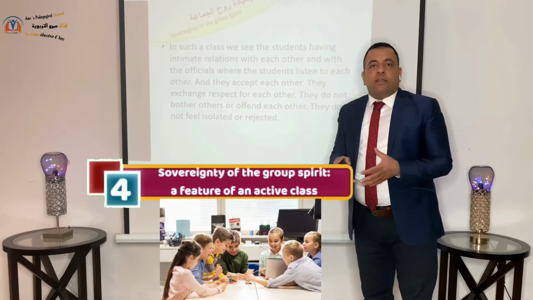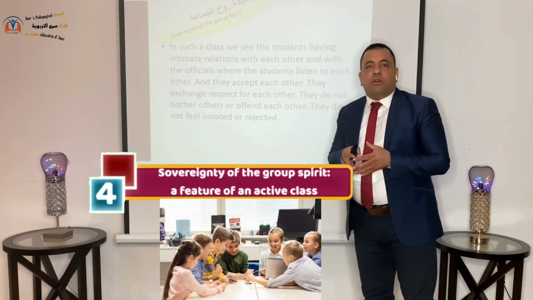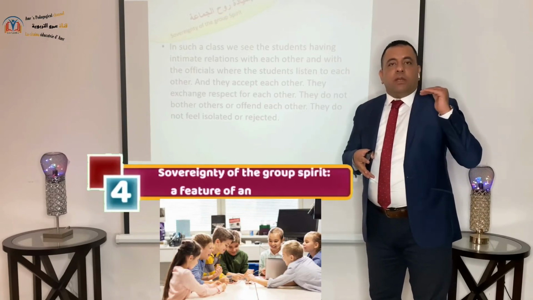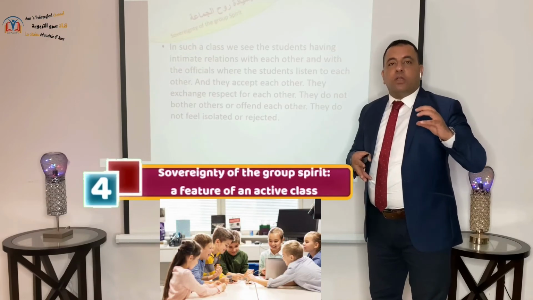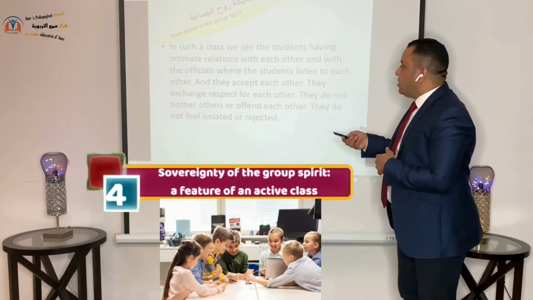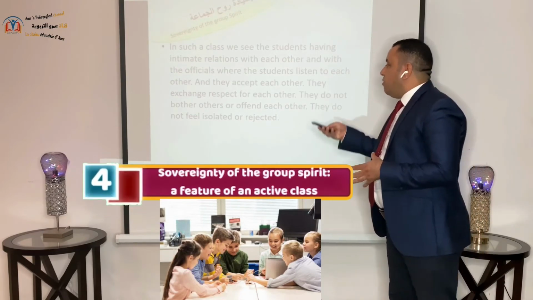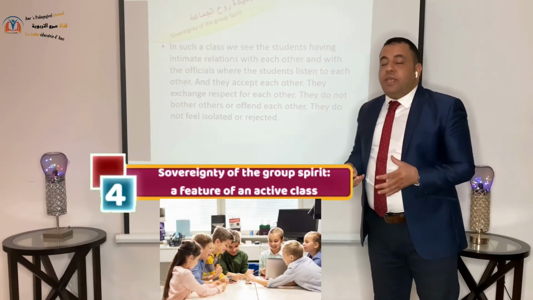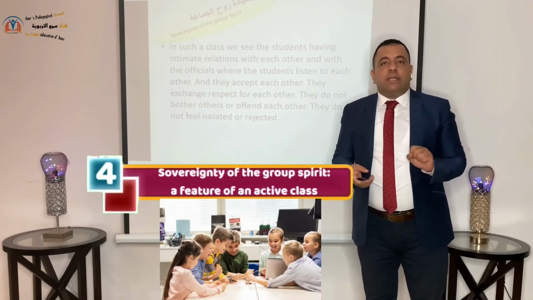Also, in this feature of stability of group spirit, they give lots of care to each other. They don't bother or offend each other. They don't feel isolated. In the group work, no one is ignored, no one is isolated.